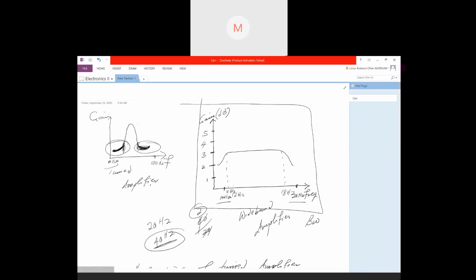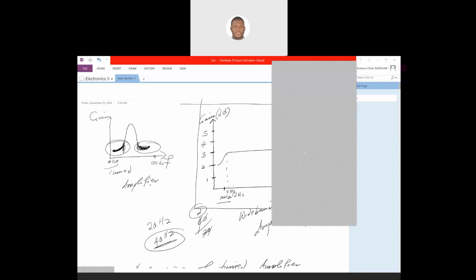And within the narrow band of frequencies which defines the tuned amplifier, you have the gain increasing and decreasing. Do you understand? Okay, so basically that is the fundamental difference.